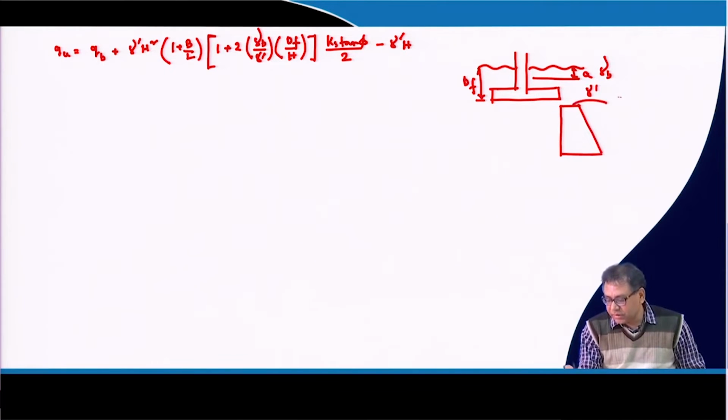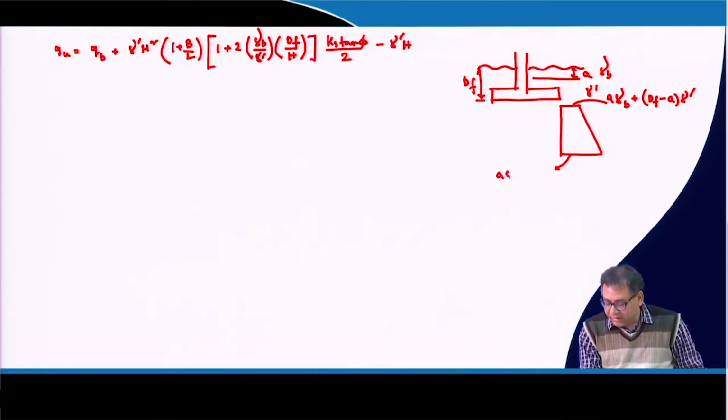This portion it will be a into gamma bulk plus df minus a into gamma dash, and this portion it will be a gamma bulk plus df minus a gamma dash plus h into gamma dash.